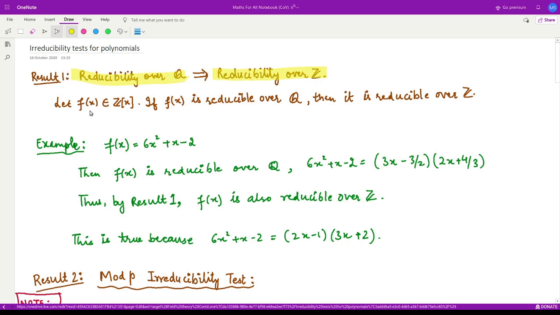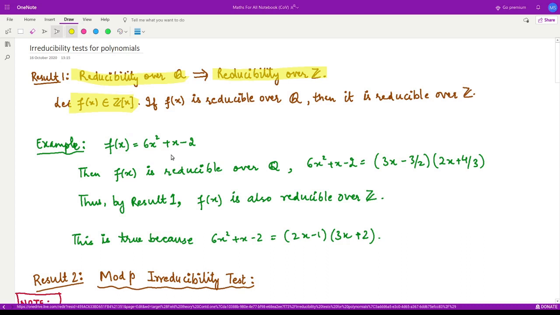So the theorem is, if you have any polynomial f of x from the ring of integers, and if f(x) is reducible over the field of rationals, then it is also reducible over Z. So let us look at some example.